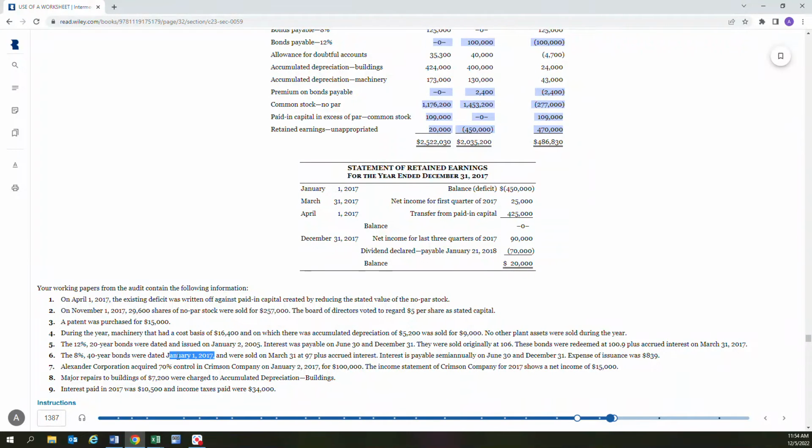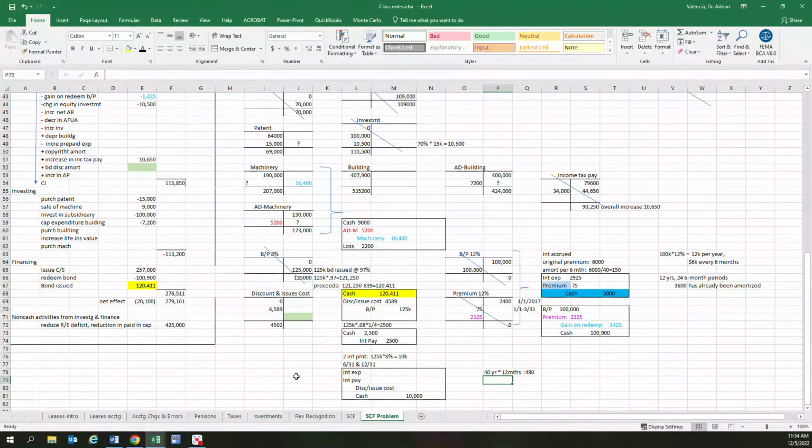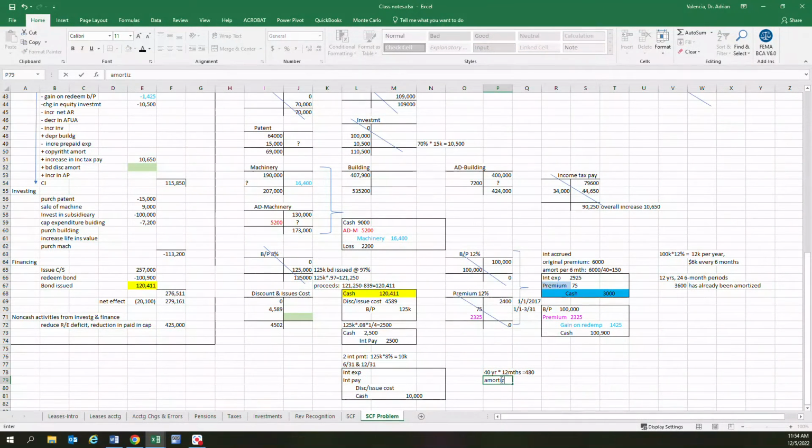So those first 3 months, this bond was not outstanding, so it doesn't pay interest for those 3 months technically. In other words, this amortization of discount and issue costs will not apply to those 3 months. So because of that, the amortization period is going to be 480 minus those 3, in other words, 477 months to amortize.